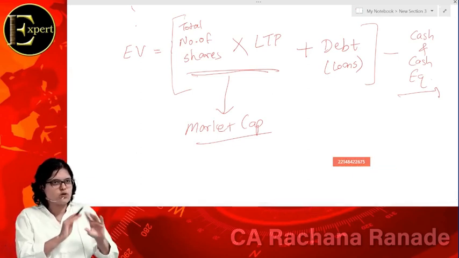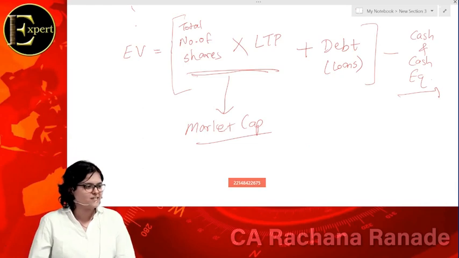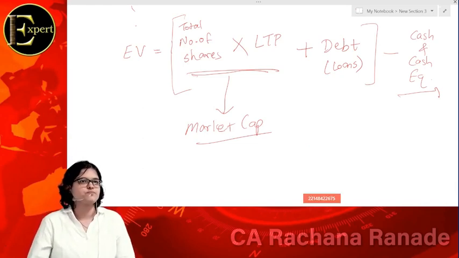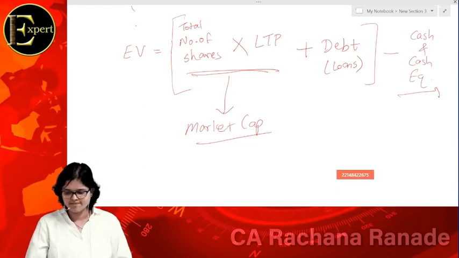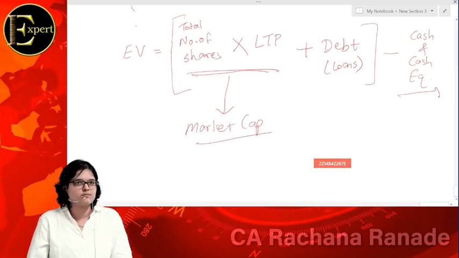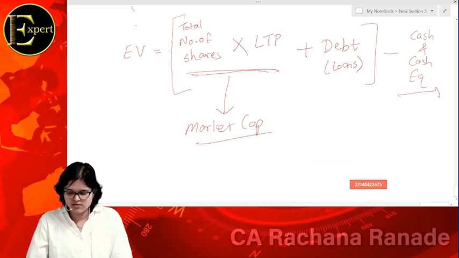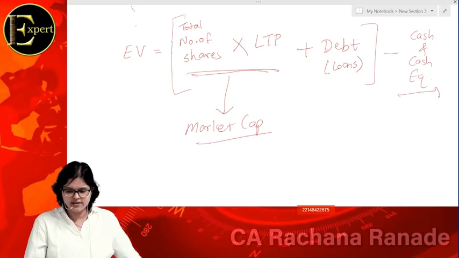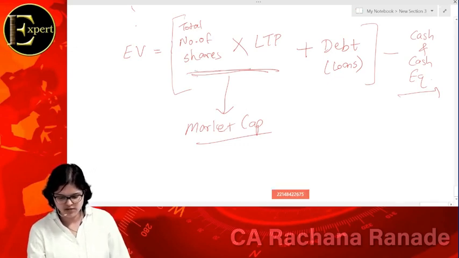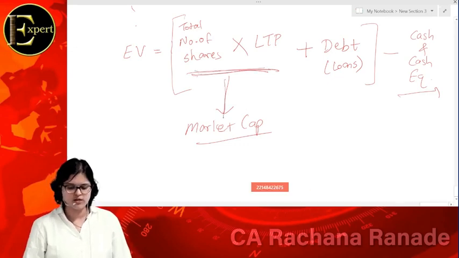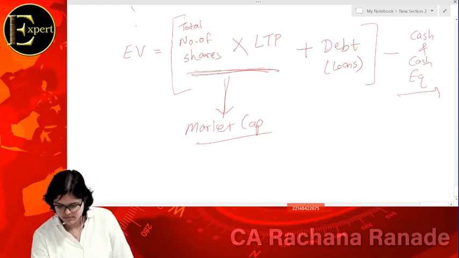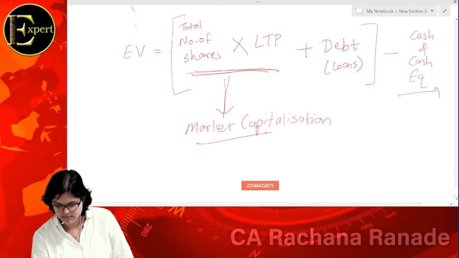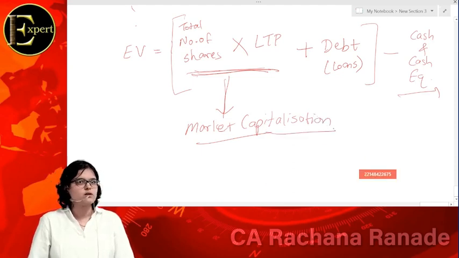I hope you have understood this. Just write this ratio and we'll stop. Write down: enterprise value is equal to total number of shares multiplied by LTP. The simple meaning of this phrase is also given here: market capitalization. LTP is what?